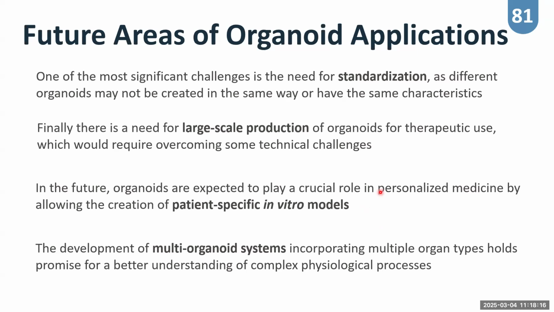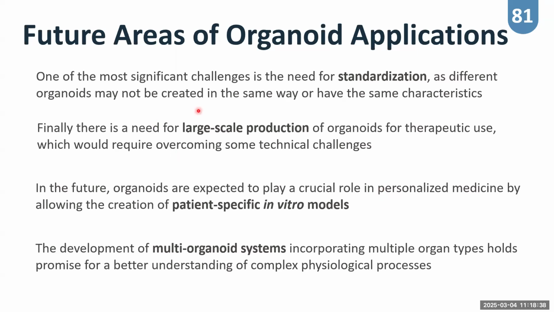But it's hard to do because it's not the same in different patients and different cancer models. That is the big challenge for us: to set a standard, do it the same way, and get the same successful result for organoids.